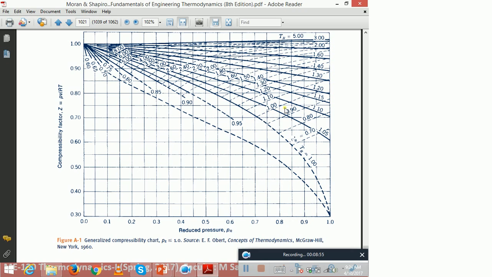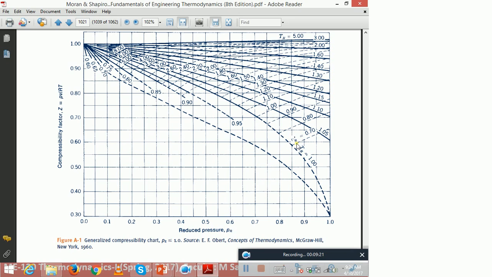Now, just look at that. These dashed lines, this is quite tricky. It looks complex, but if you look at it carefully, it would be easier for you. If you look at those dashed lines, 1, 1.10, 1.20, 1.30, those dashed lines are defining this pseudo-reduced specific volume.